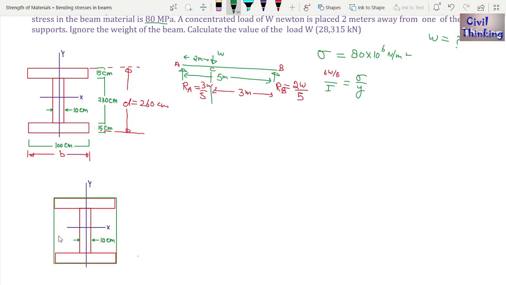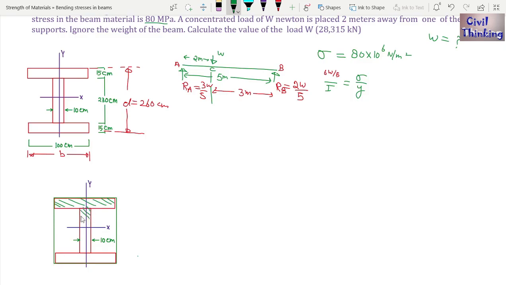As you can see, I have drawn the rectangle section. Then in the rectangle section, these two parts are cut. This is a hollow part and this is also a hollow part. Here is nothing because the I section is this.